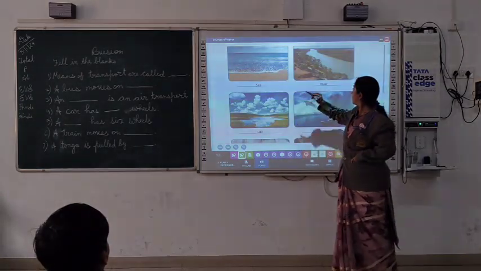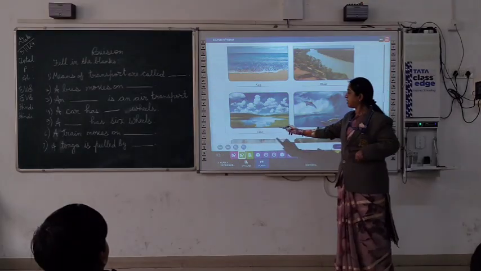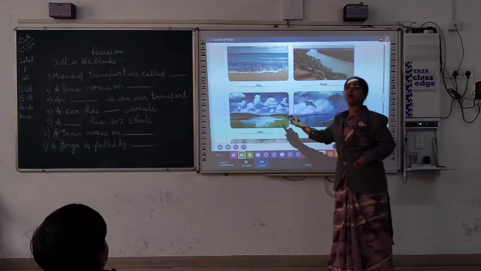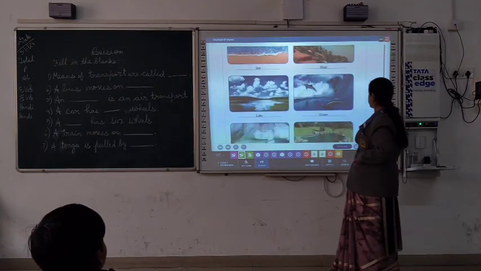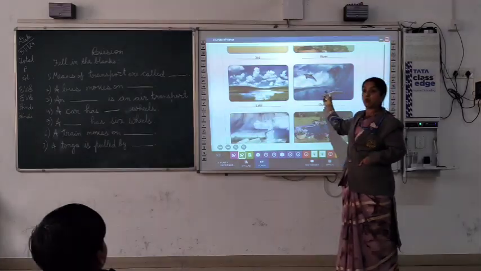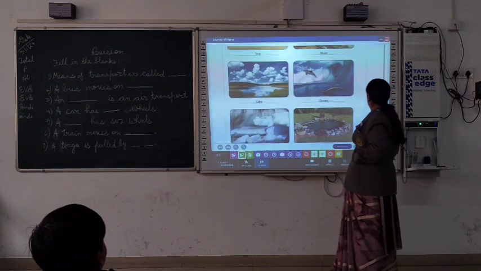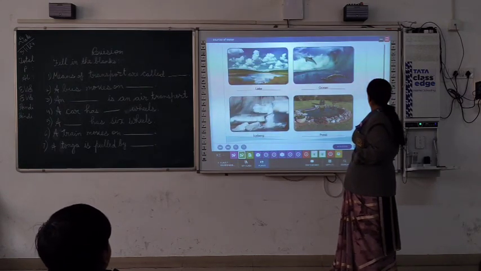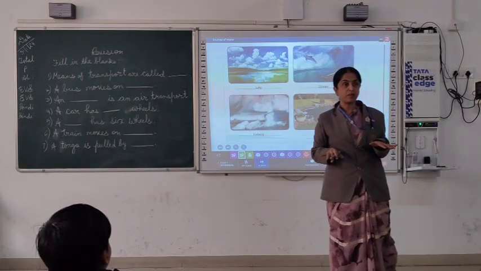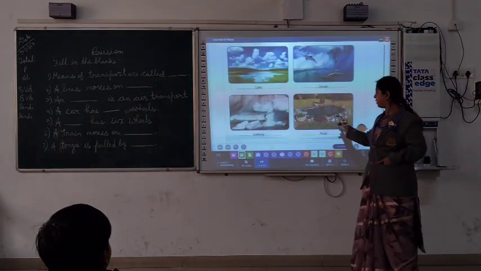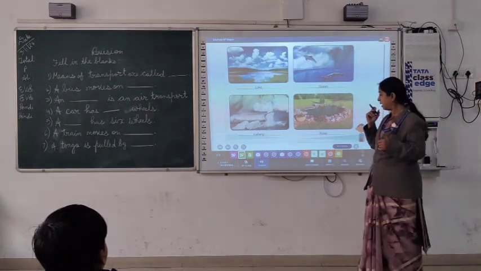Here we are getting water, and then this is a pond. A pond is a small water body, and it is covered all around.